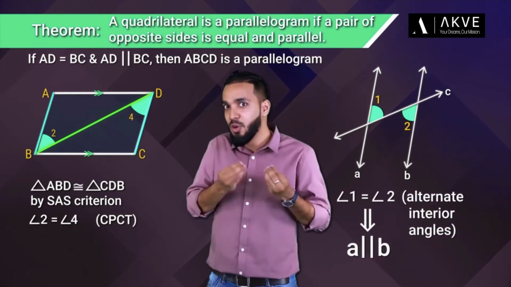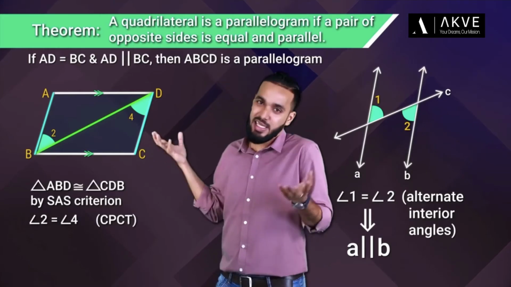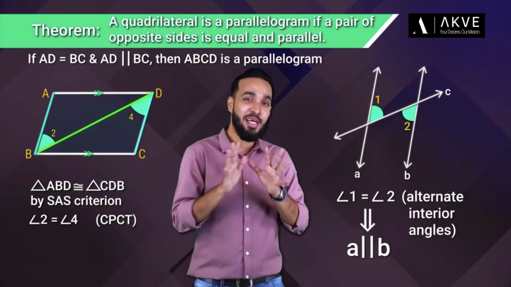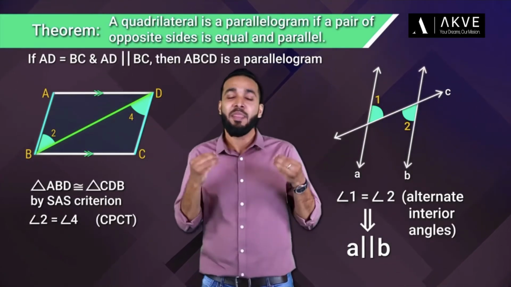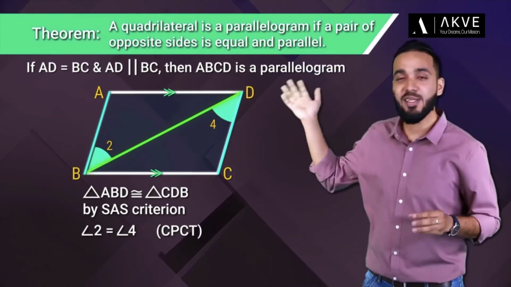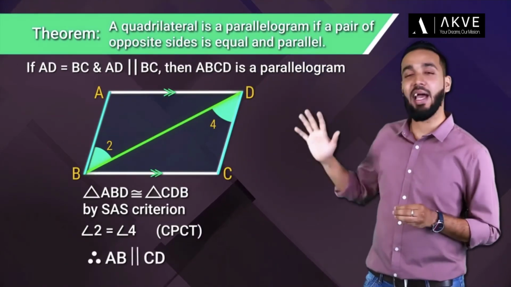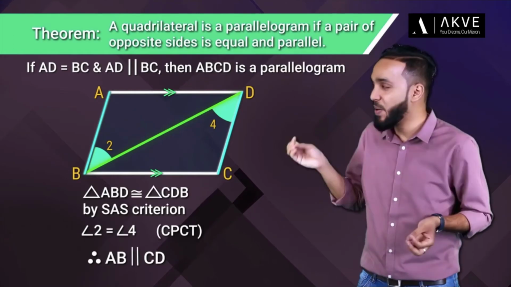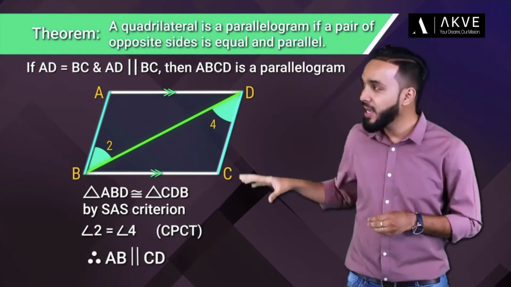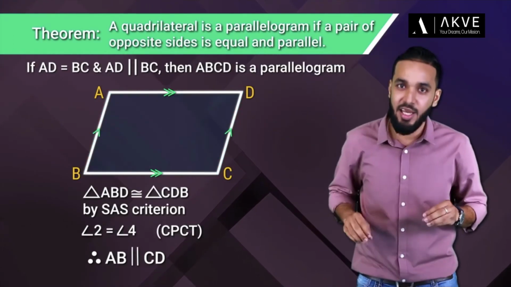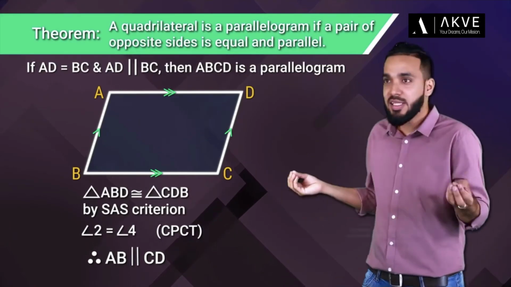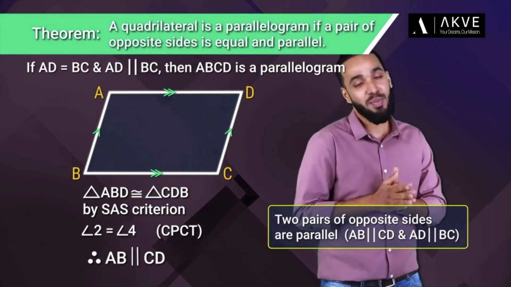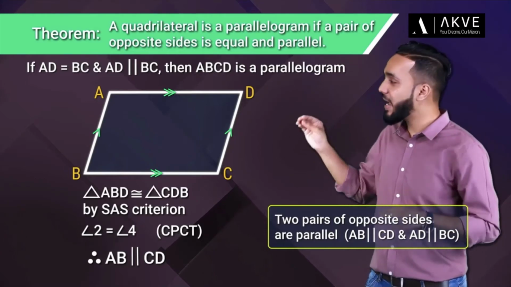We have already proved that angle 2 is equal to angle 4. So, following this theorem, we can say that these two sides AB and CD are also parallel. So basically, in this quadrilateral ABCD, the two pairs of opposite sides are parallel, which means ABCD is a parallelogram. That was pretty amazing, wasn't it?